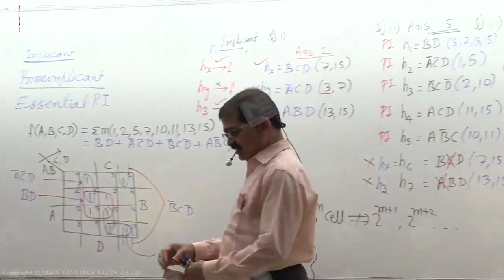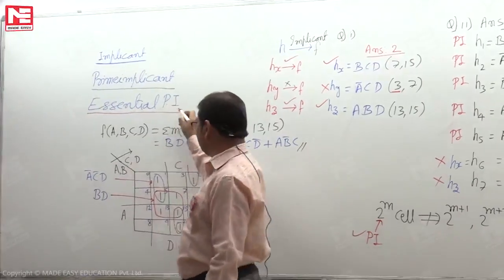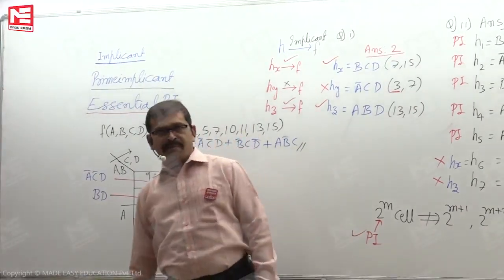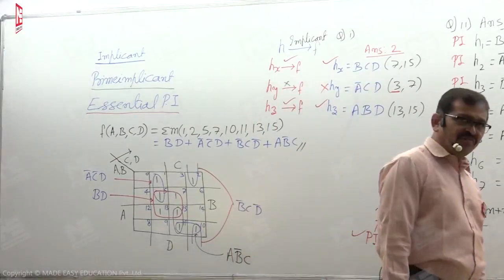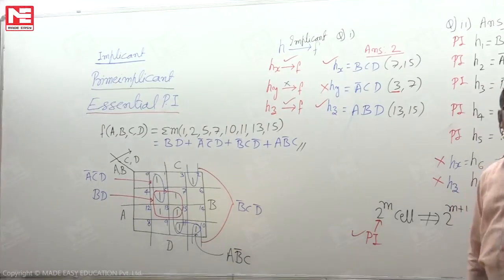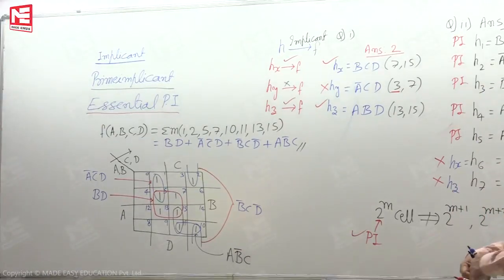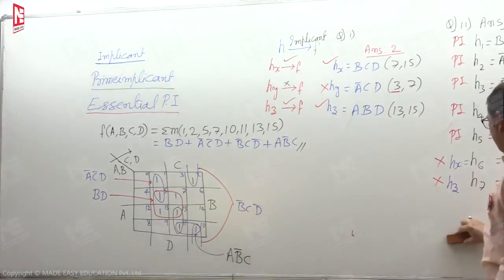Now, let's come to the next word. The next word I mentioned is essential prime implicant. Note down the definition of essential prime implicant. An essential prime implicant is a prime implicant.